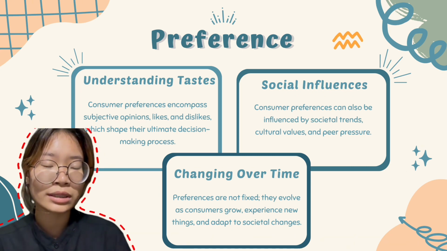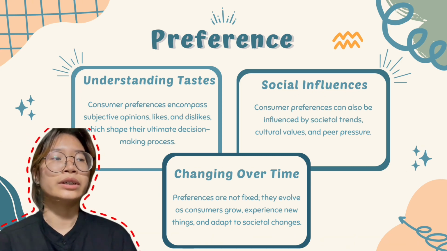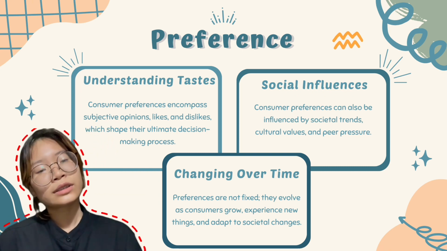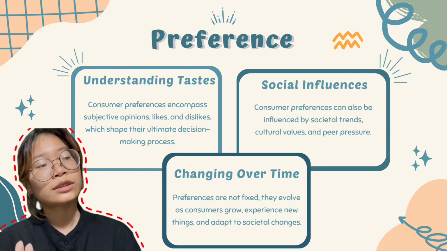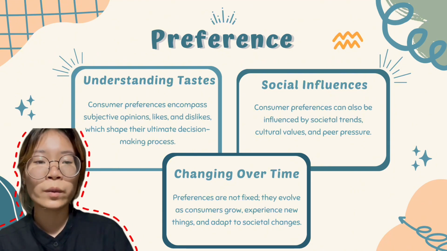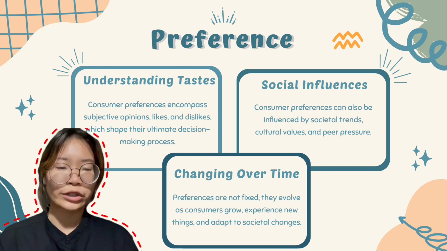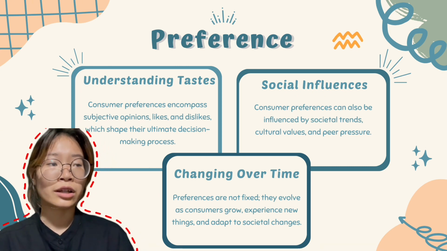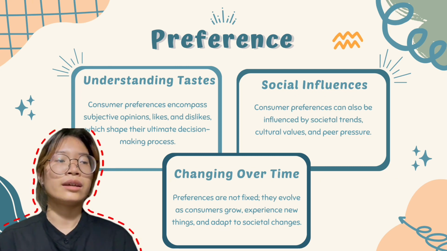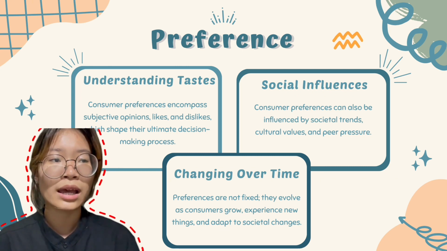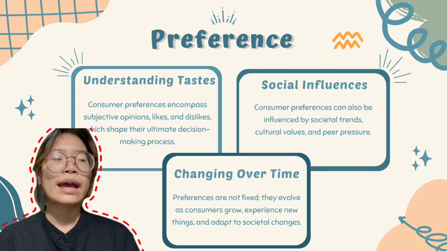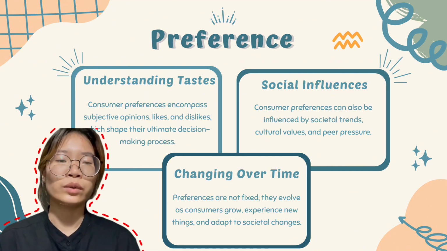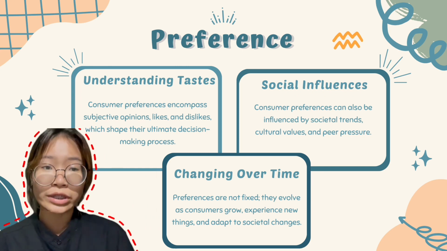Social influence: consumer preference can also be influenced by societal trends, cultural values, and peer pressure, changing over time. Preferences are not fixed. They evolve as consumers grow, experience new things, and adapt to societal change.